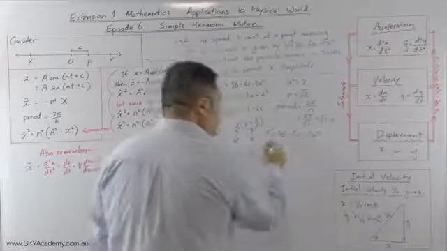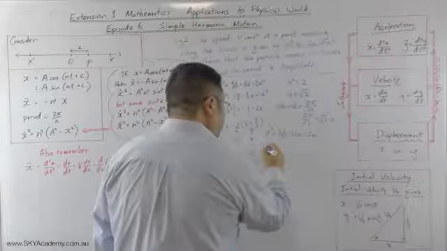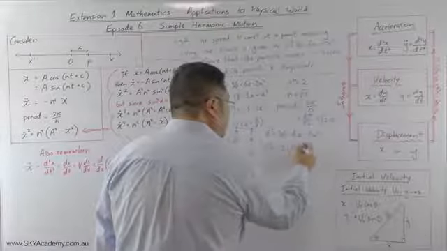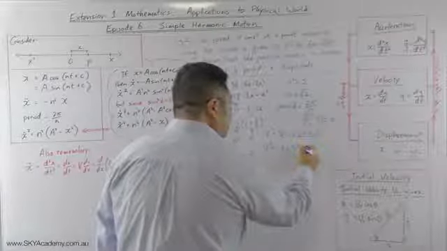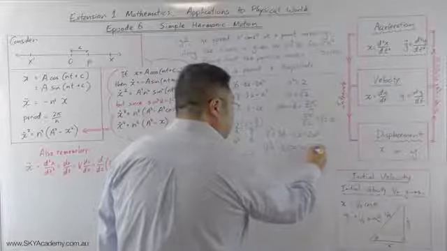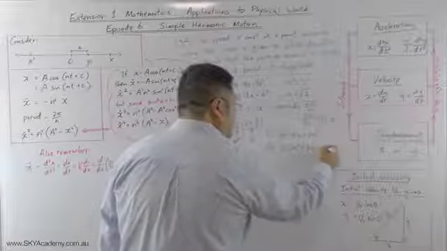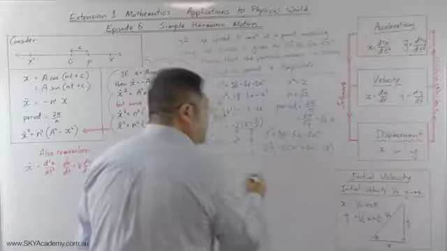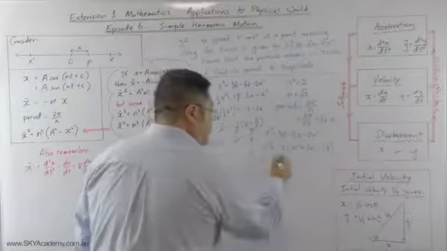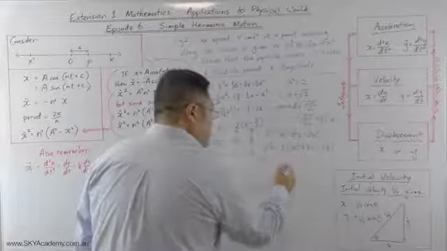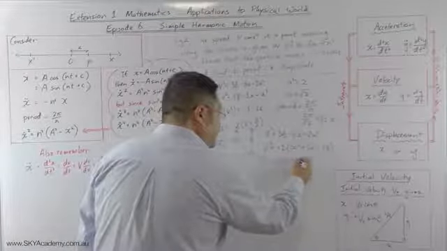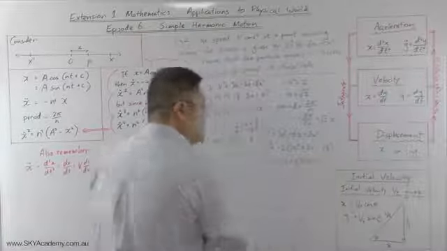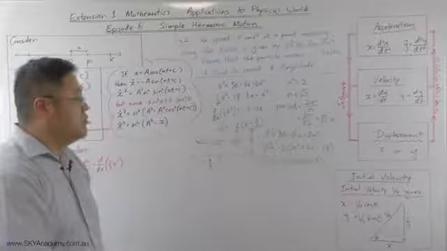I'm going to take the -2 out, and we're left with x squared plus 3x minus 18. When we factorize that, we get v squared is equal to -2 times (x minus 3)(x plus 6). Does that make sense? Cool.